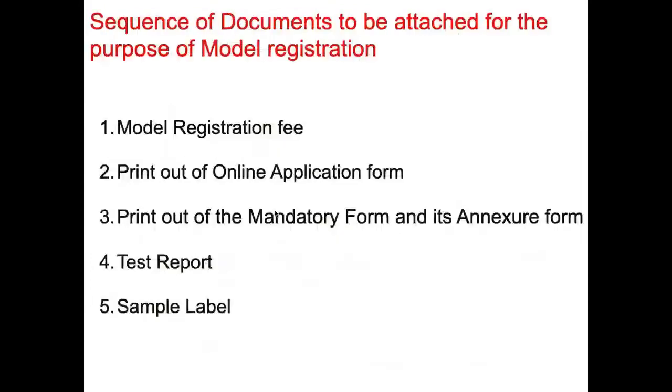So here, the first one is the model registration fee. The fee is about 1,000 rupees for each model, and payment can be made through a bank demand draft or online, same as general registration.